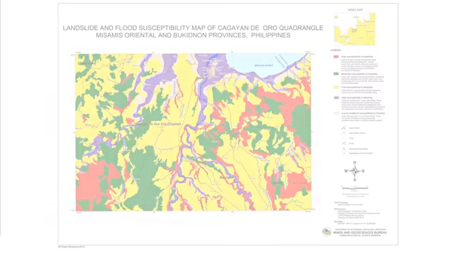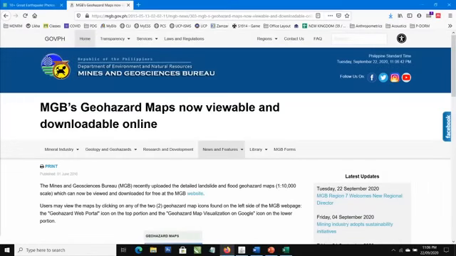You can get them from the Mines and Geosciences Bureau, so you can download all of those maps. It tells you basically the landslide areas that we have in the country, where the flooding occurs. Sometimes you also have maps that give you the higher intensities of earthquakes, etc.